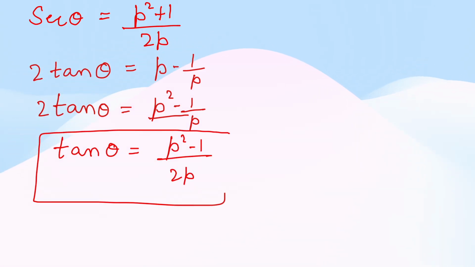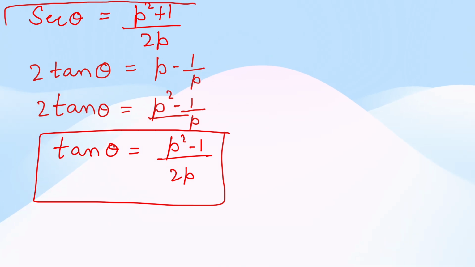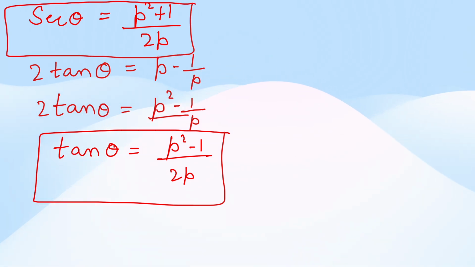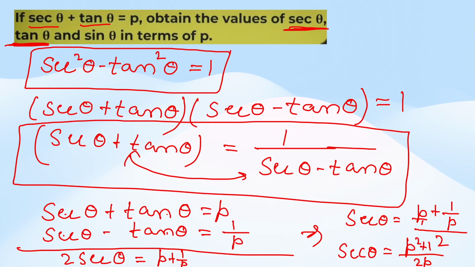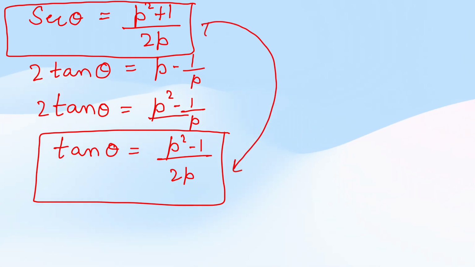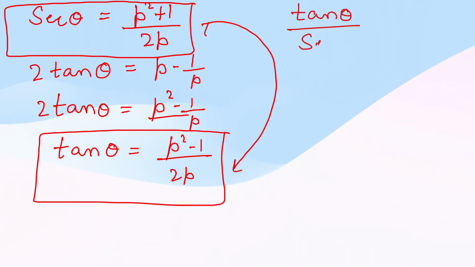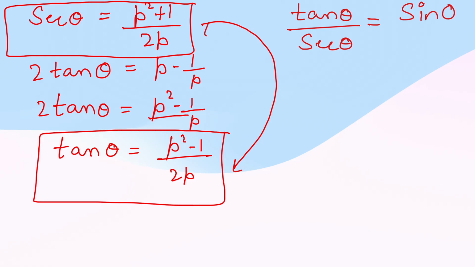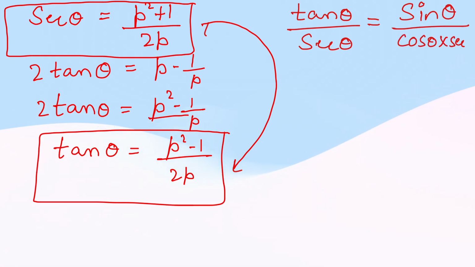This is for tan theta. This is for sec theta, right? We want it in terms of sin theta as well. Now how to write sin theta? See, what is tan theta by sec theta? Can you tell me? If I divide them, it will be sin theta by cos theta into sec theta.